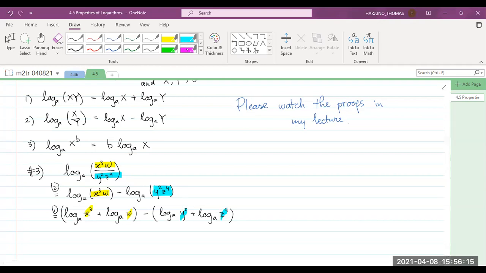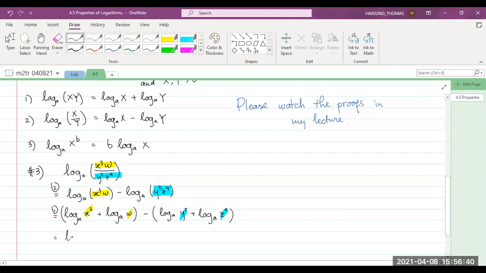Now it is necessary for you to use parentheses here, especially because this is what it breaks down to be. Without that parentheses, your coefficient of log base A of c to the fourth will be positive. Why is it supposed to be negative? Let me distribute the negative now.